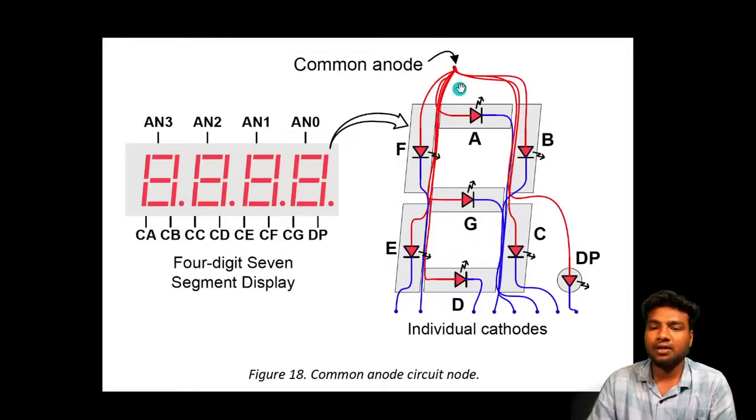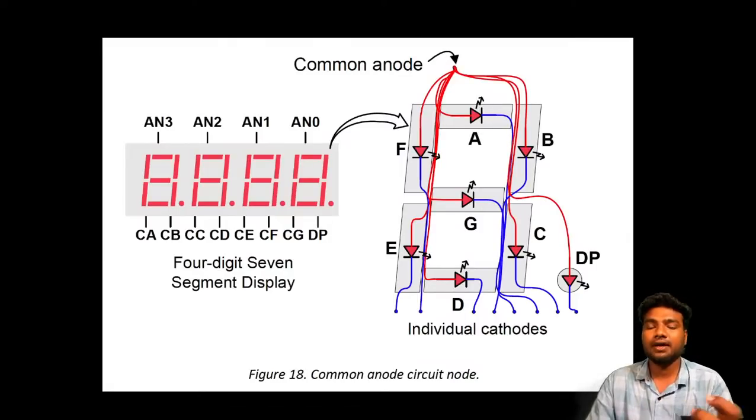I am connecting all the anodes at a particular point. This is the anode for this LED. If I connect them like this, I can say this is a common anode sound segment. If I connect all the cathodes at a particular point to choose the sound segment, it is a common cathode sound segment.